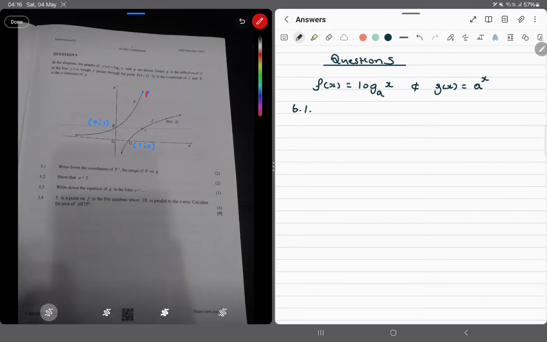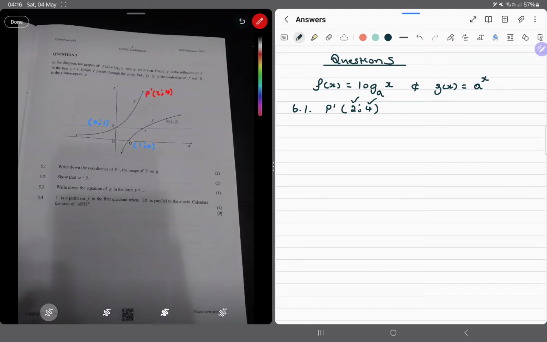Maybe let's write it better. That p prime is going to be the opposite of those coordinates. So it's going to be 2, 4. So basically p prime is going to be that one. So you get a mark for switching those coordinates. So basically on the inverse, we just switch the coordinates.